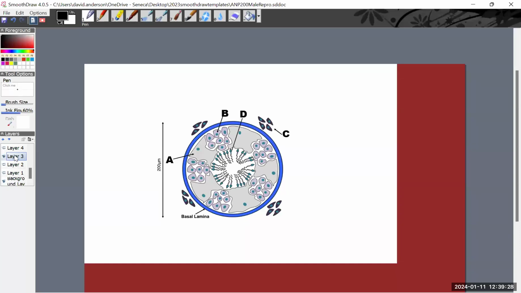This is just a diagram of the cross-section of the seminiferous tubule. So you can see here that the letter B, that represents our Sertoli, or, sorry, that is not our Sertoli. I better get that right off of there.